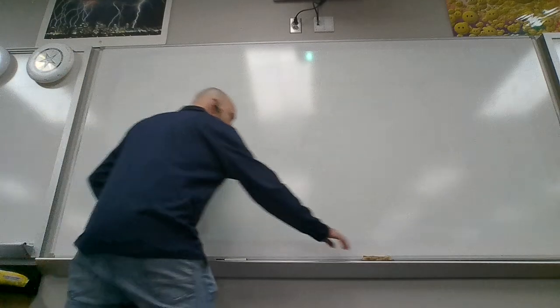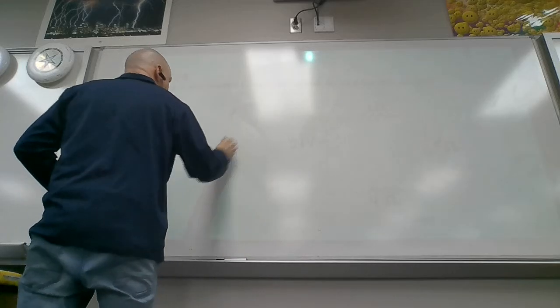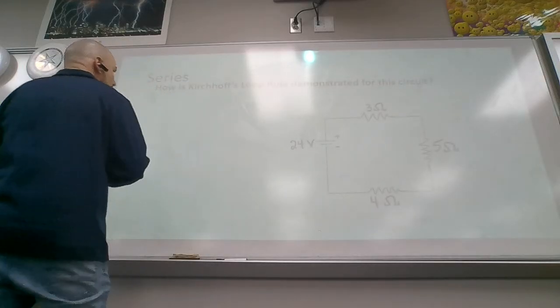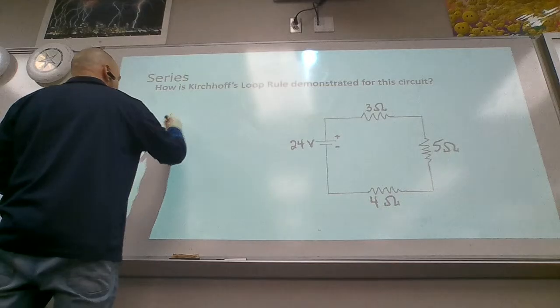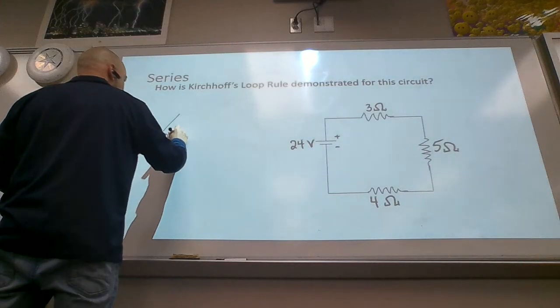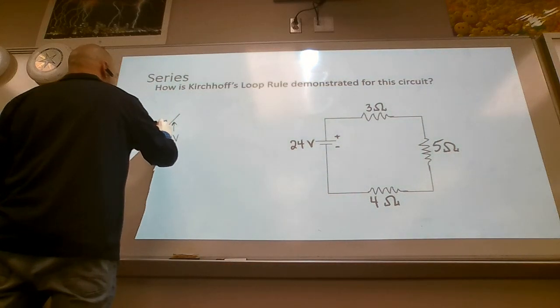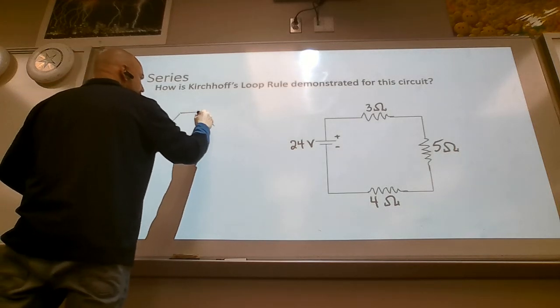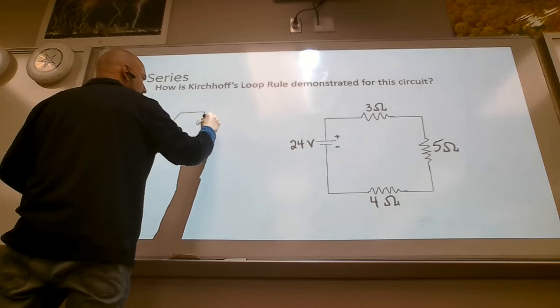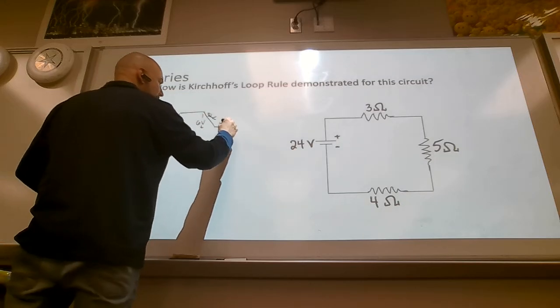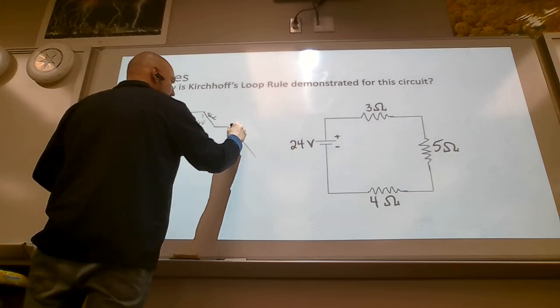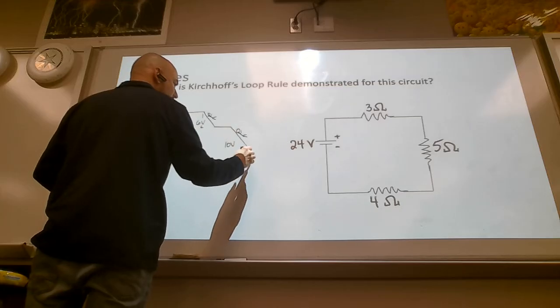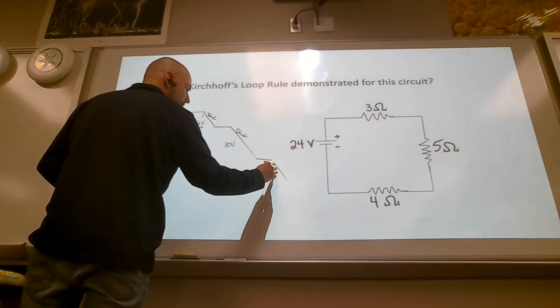Idea of the hill analogy. Said that Kirchhoff's loop rule, and ladder, and then we had a 6-volt drop, the slide, and then we had a 10-volt drop, and then an 8-volt drop.